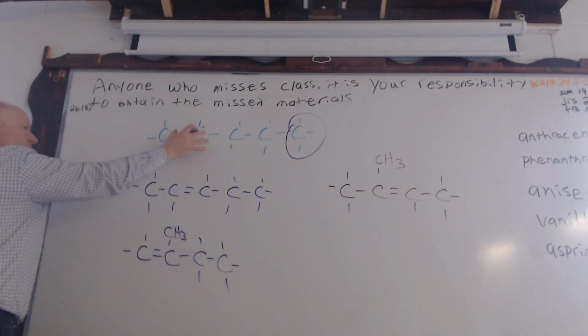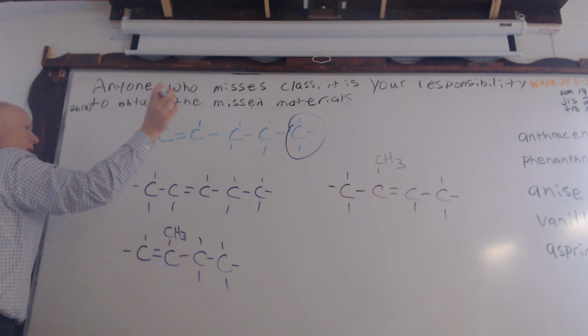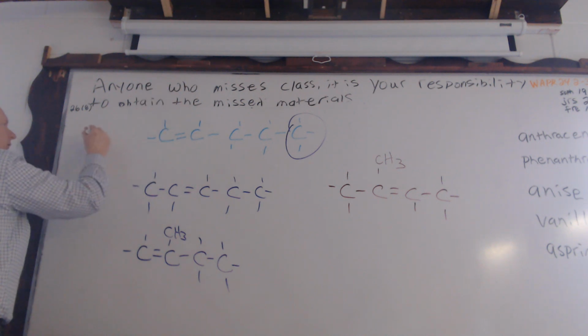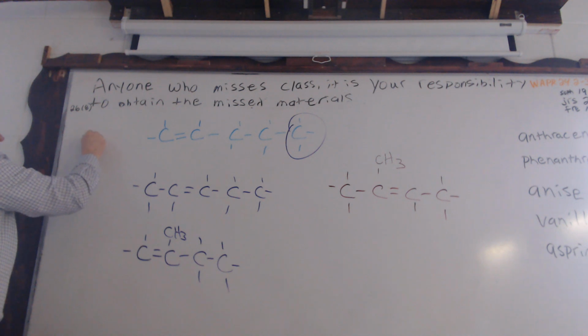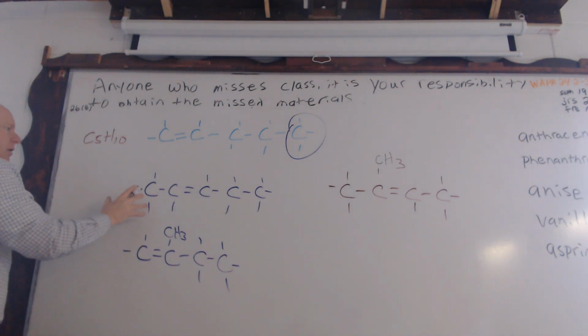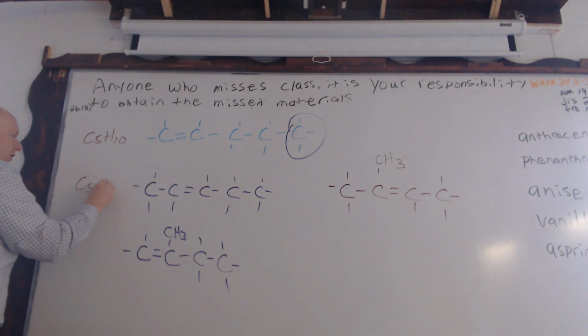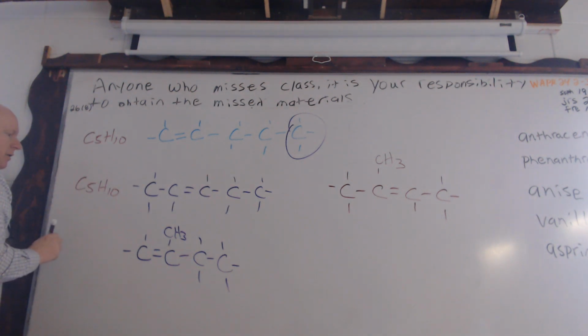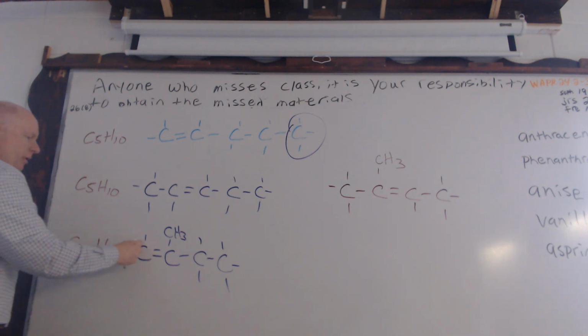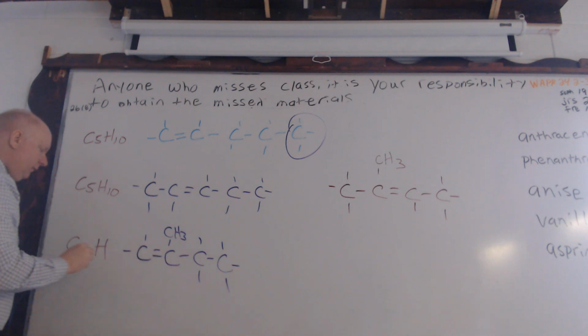This is your structural formula. What would your molecular formula for this be? C5H... Okay, so we said just move your double bond. This has C5H10. So we know it's got carbon and hydrogen. How many total carbons do we have?